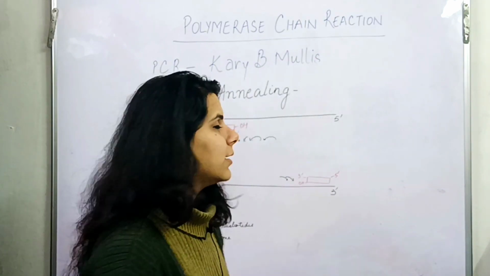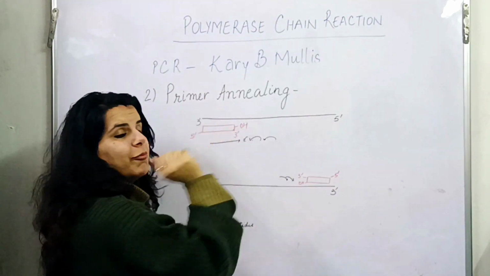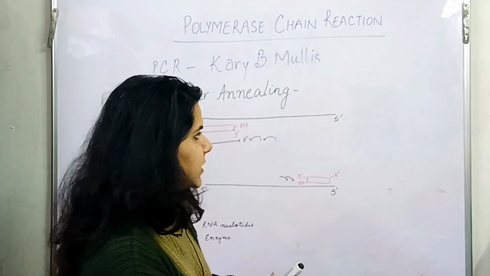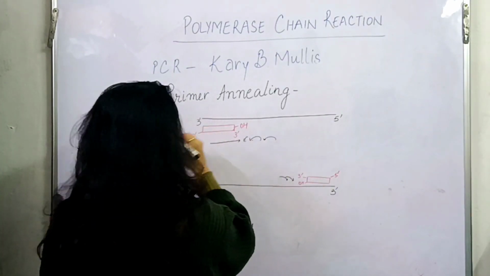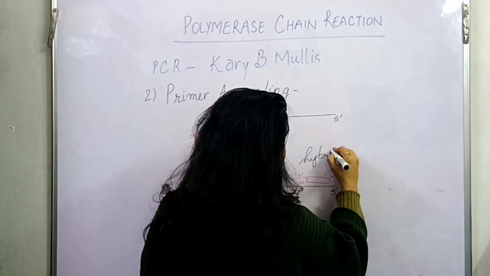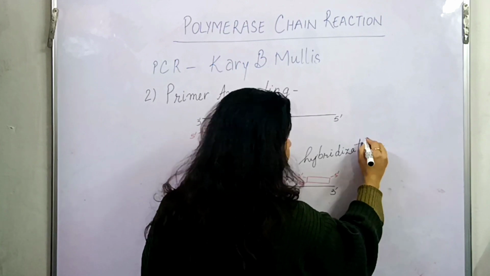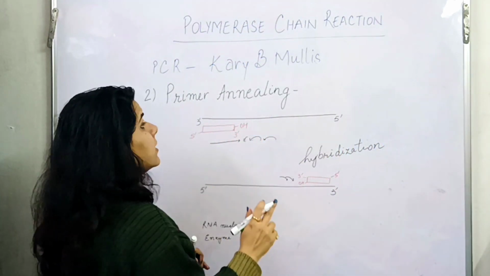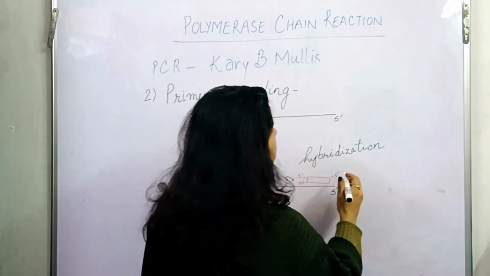This step of primer annealing is also called hybridization. Why? Because a DNA-RNA hybrid is formed.